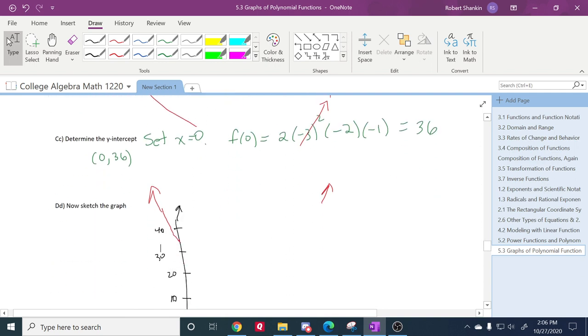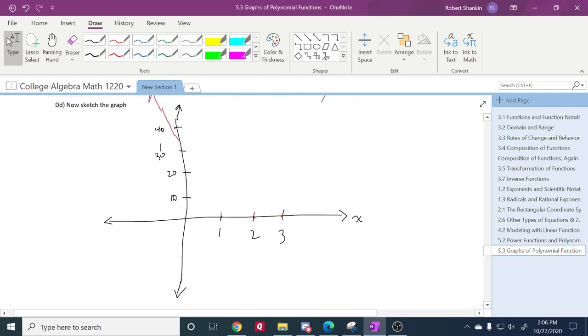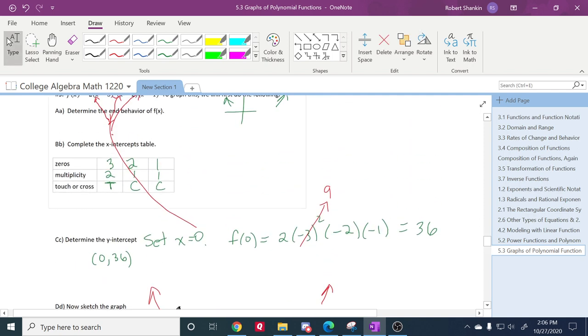I said crossing. So next to these, I'm going to put these little blue C's to remember to cross. And at this one, I'm going to be touching. 1 and 2 crossing, and when x is 3, you touch.